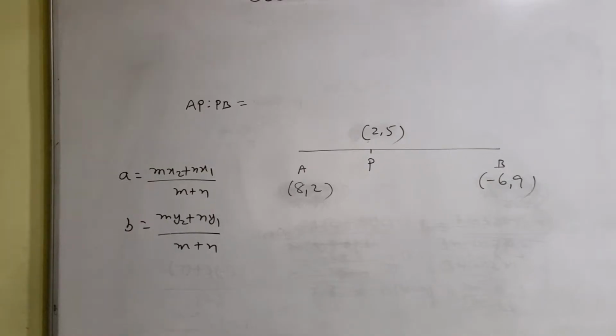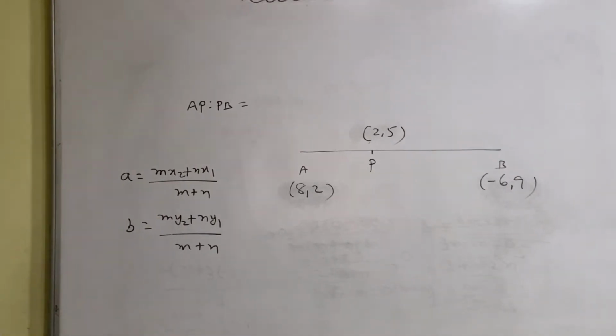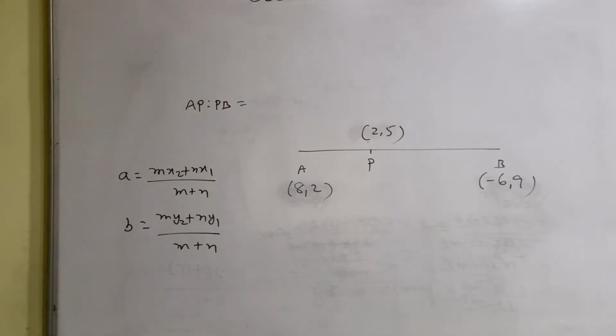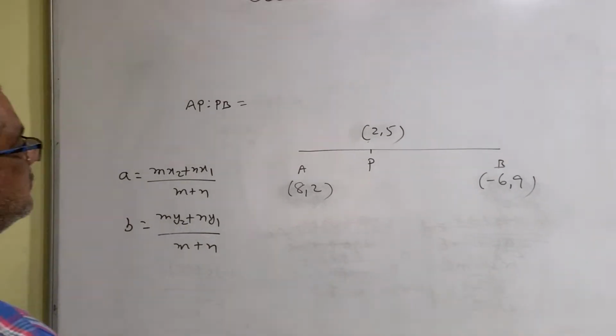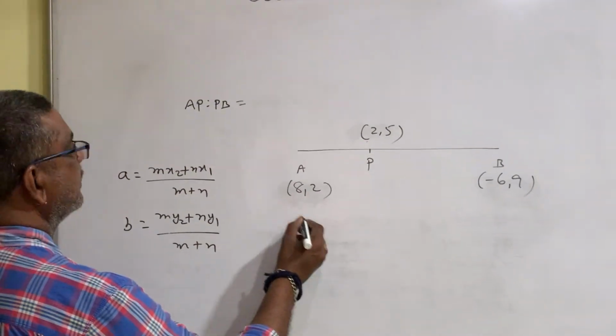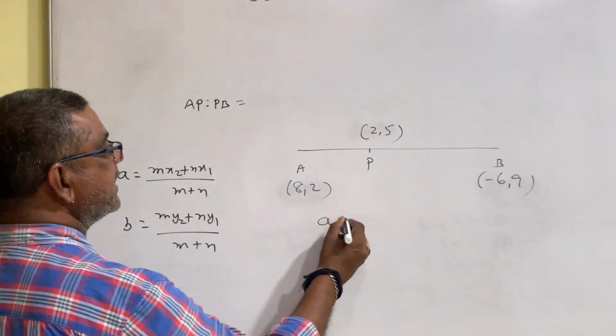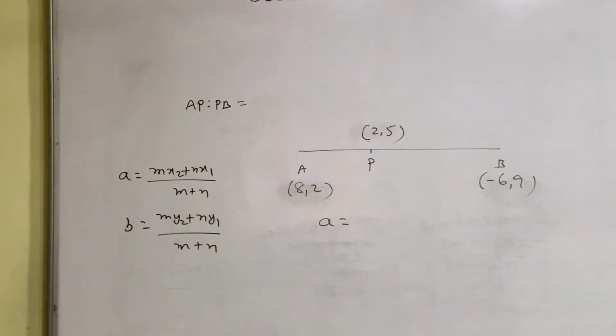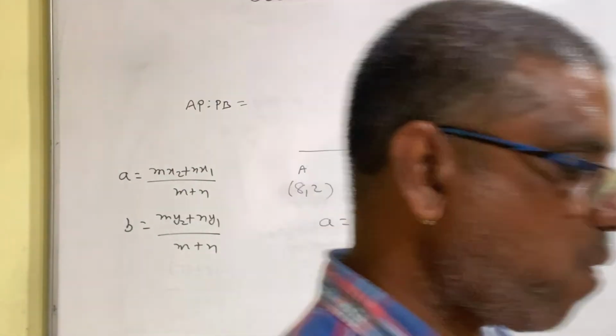We know P coordinates, we know A coordinates, we know B coordinates also. The ratio is missing. How to find out the ratio? First apply A. Can anyone say what is A?